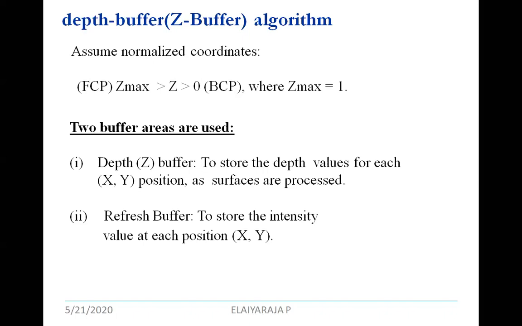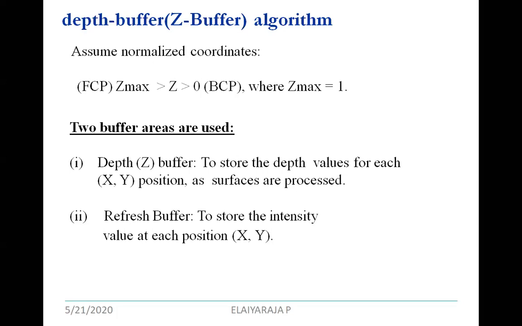Suppose I am doing scan line y equal to 1 and x equal to 1, the current pixel 1 comma 1. What is my depth value that I will store? Then I will fill the color for the current pixel, which means it is processed. Then I will move to the next pixel and check the value.